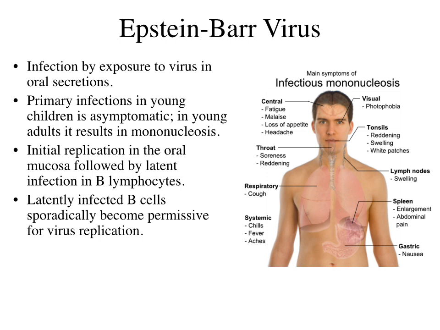However, if that primary infection is delayed until adolescence or later, it can be associated with the clinical syndrome of infectious mononucleosis, an illness characterized by fevers, pharyngitis, lymphadenopathy, and malaise. EBV infection is also associated with the development of EBV-associated lymphoid or epithelial cell malignancies in a small proportion of individuals.